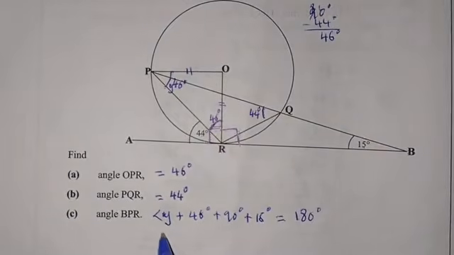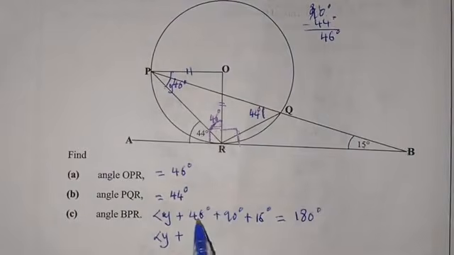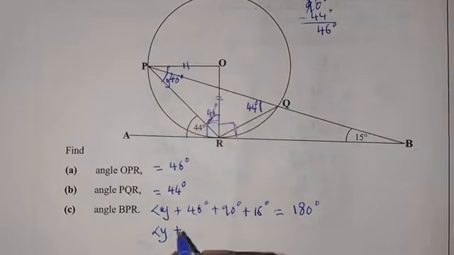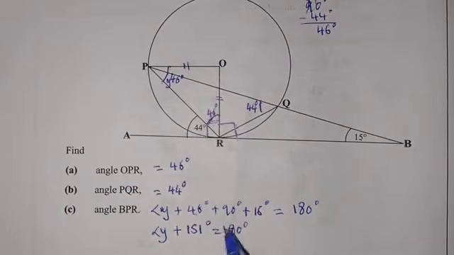So 46 plus 90 plus 15, what are we going to get? This gives us 151 degrees.